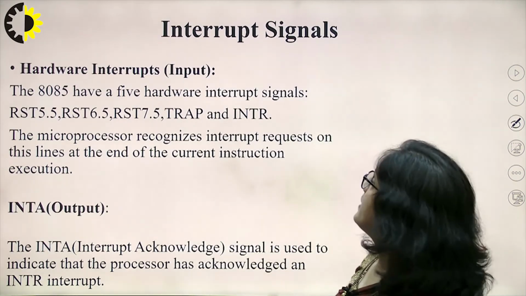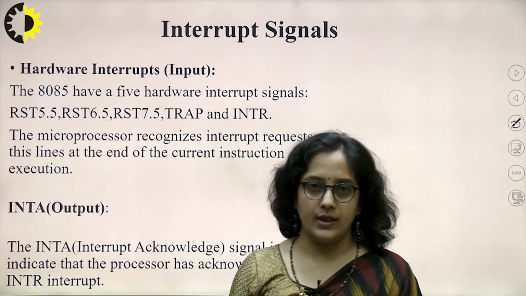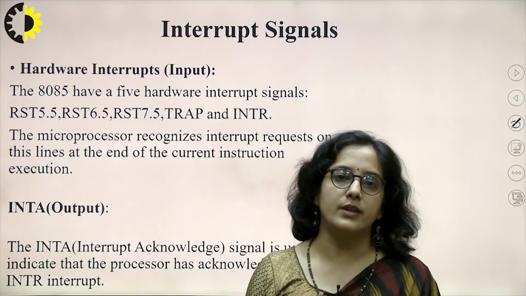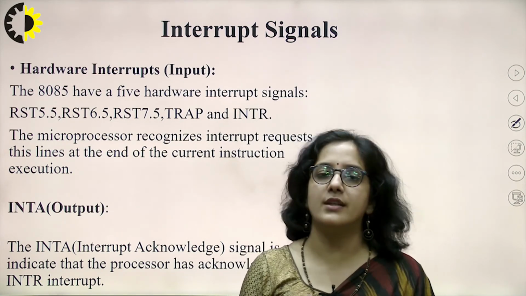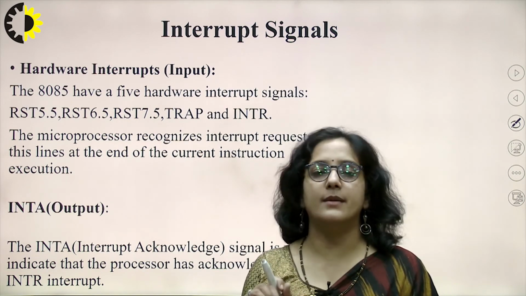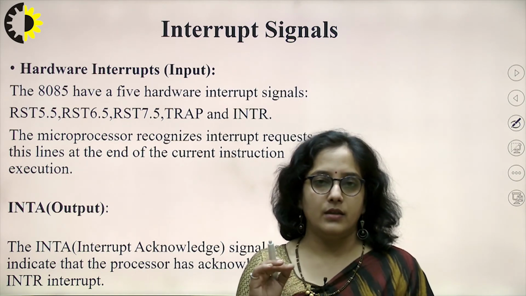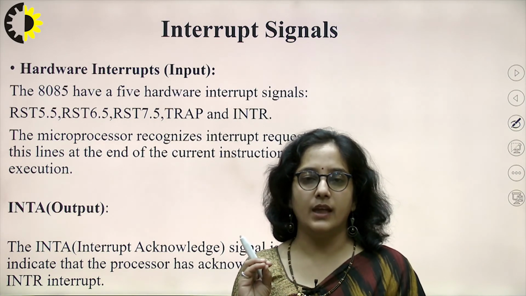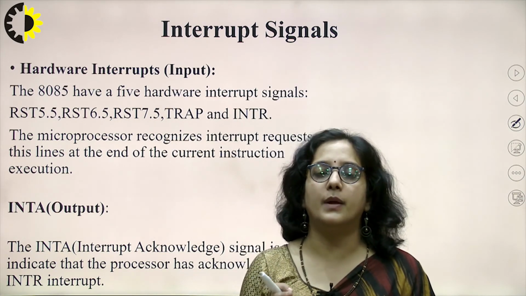The next group is of interrupt signals. Already we have covered this in the last lecture, general interrupts: there are 2 types of interrupts, hardware and software, or you can have software, maskable and non-maskable. And if I say, an interrupt is nothing but a disturbance in a particular task.